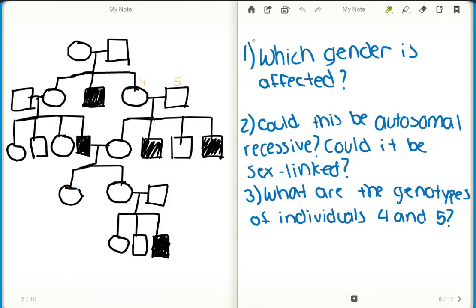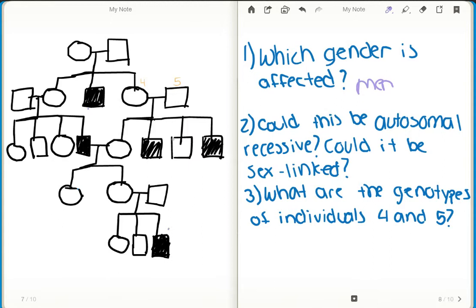So here we can see that only men are affected by this trait. So we can see there are 5 men in this pedigree. So could this be an autosomal recessive trait?